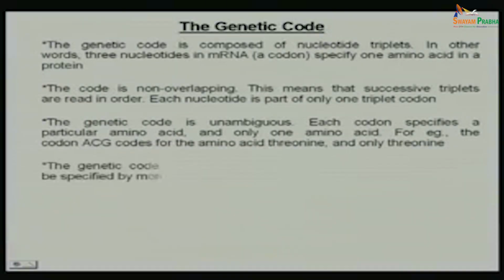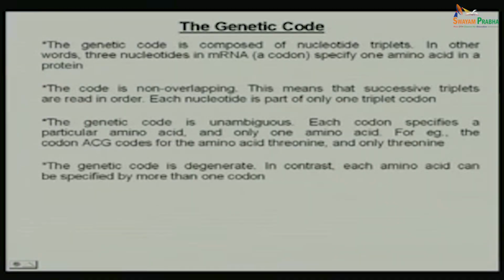Now, coming to the genetic code. The genetic code is composed of nucleotide triplets. In other words, 3 nucleotides of mRNA specify one amino acid in a particular protein.